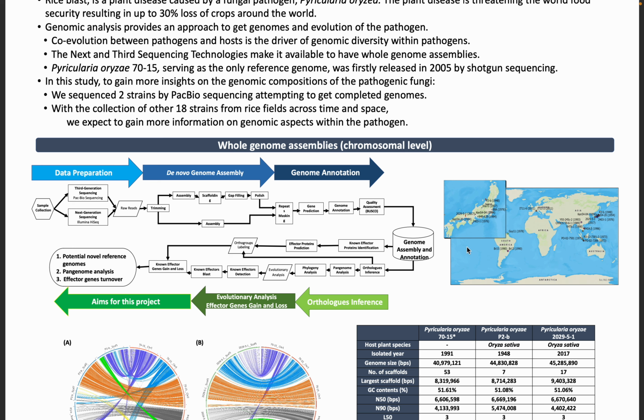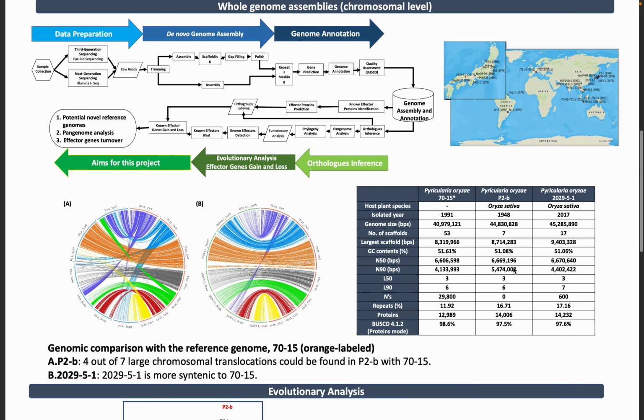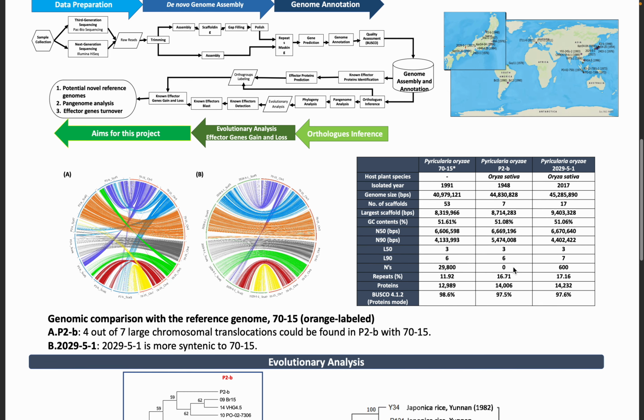Here in the map, all of the strains in the study, their isolation places and times are shown. We chose two strains in this study to have PacBio sequencing, which is third generation sequencing.